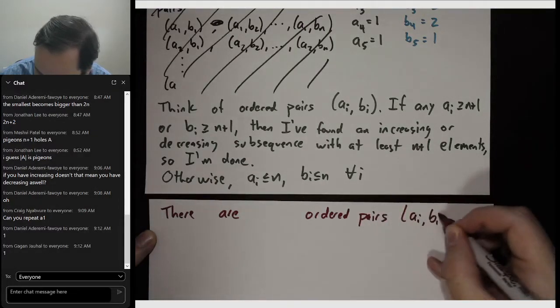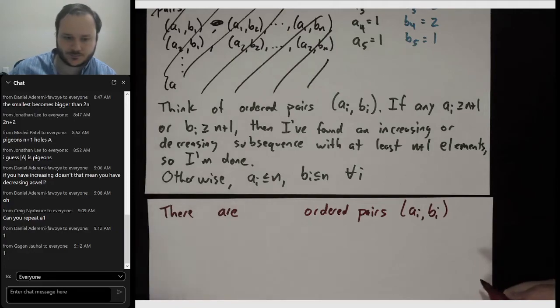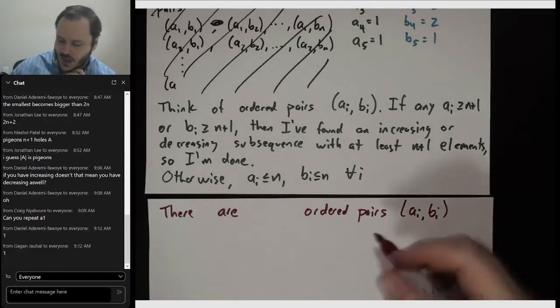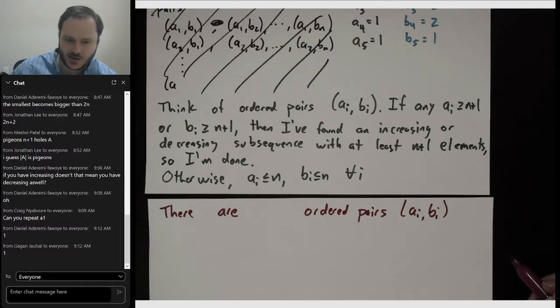A sub i, b sub i. How many of these ordered pairs can I create? Remember, my sequence has n squared plus 1 elements.